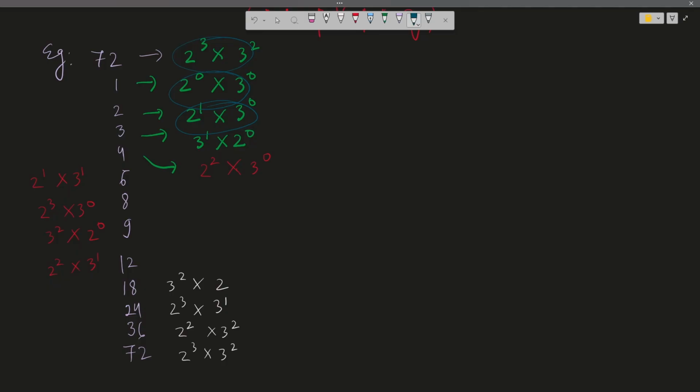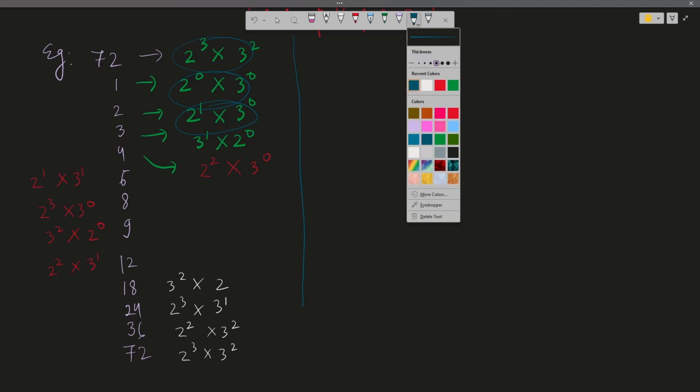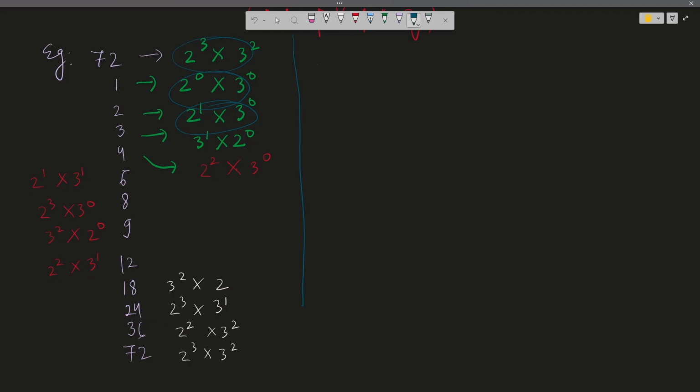So now how could we understand it? To understand it, if I write, see, 2 to the power 0, wherever you see 2 to the power 0, write the number.